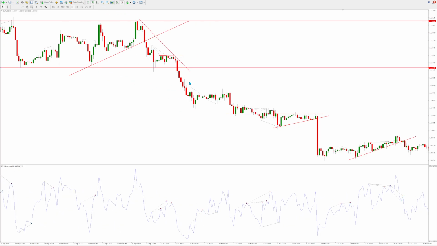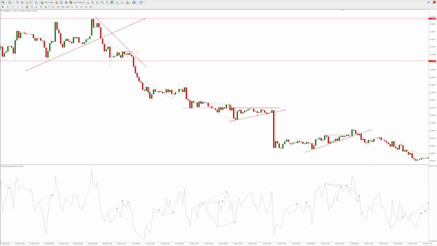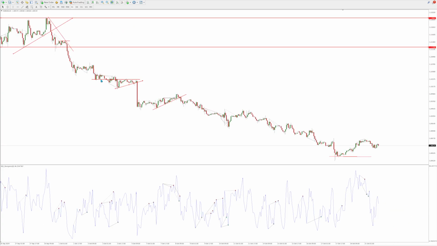For example, let's just say the stop loss was above this high at 20 pips and you had a fixed 20 pip stop loss and 60 pip take profit target. You would have been happy reaching your target around here, but you would have left over 200 pips on the table unless you want to re-enter on the way down, which you can do.